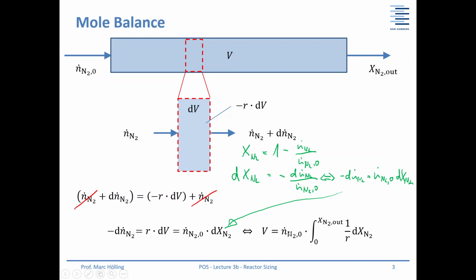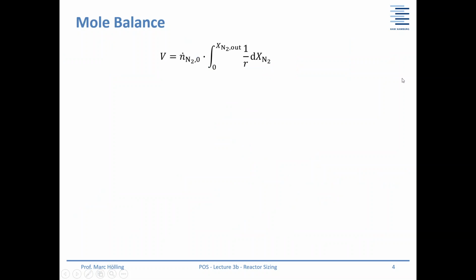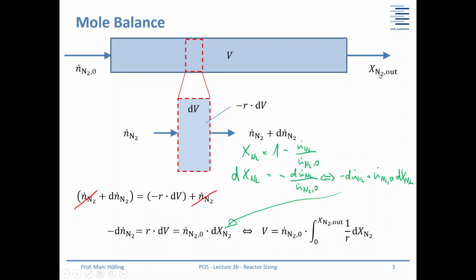Since n dot N2,0 is a constant value, you just have to solve the integral of 1 over r dX. Your integration limits start normally with 0 conversion at the inlet, and then you have your outlet conversion, which is X N2 out.